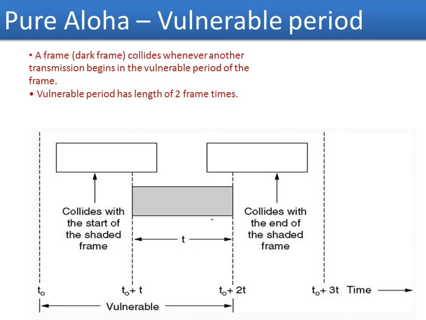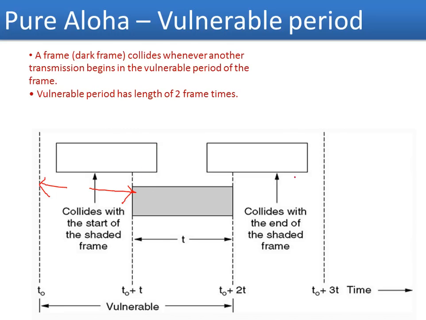During transmission of this frame, if we want to avoid any possibility of collision, there are two possibilities of collision, let's consider them first. If a frame starts transmitting in this period of time, it will end somewhere here. So it would be a collision.